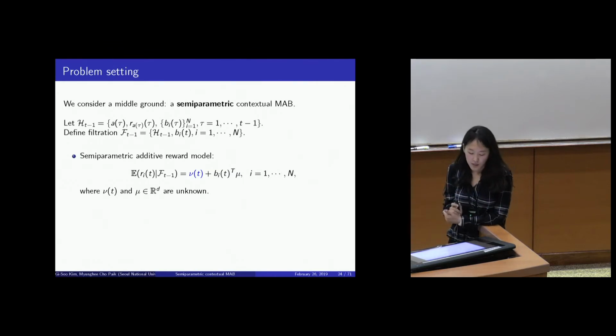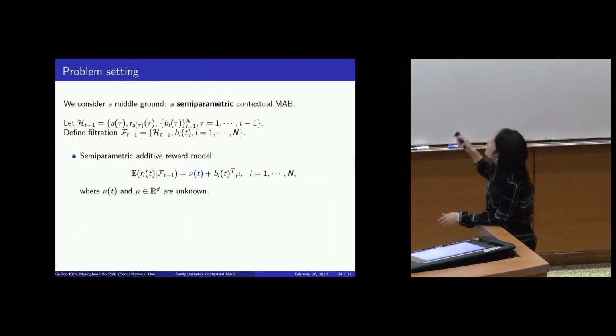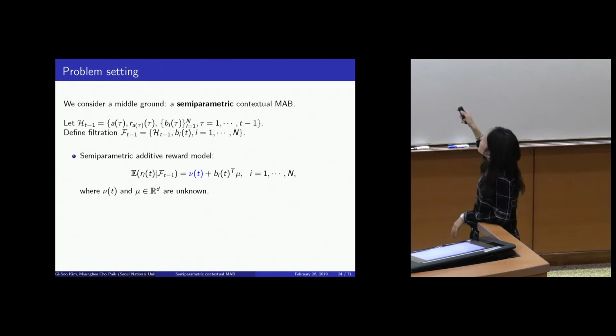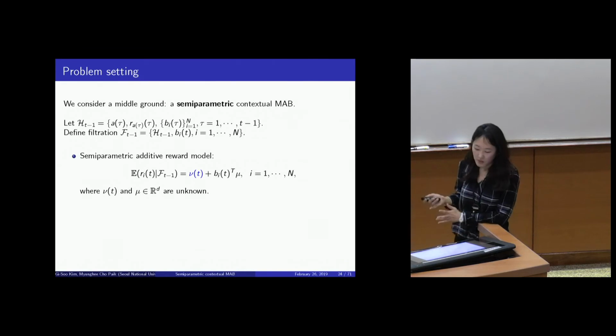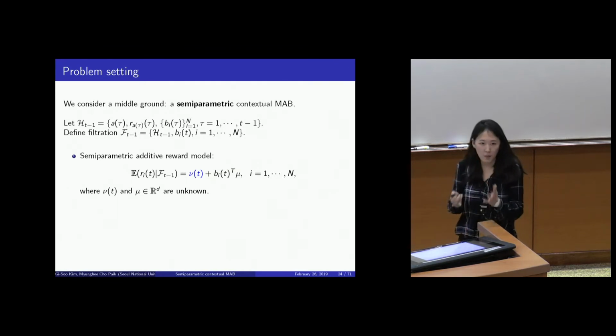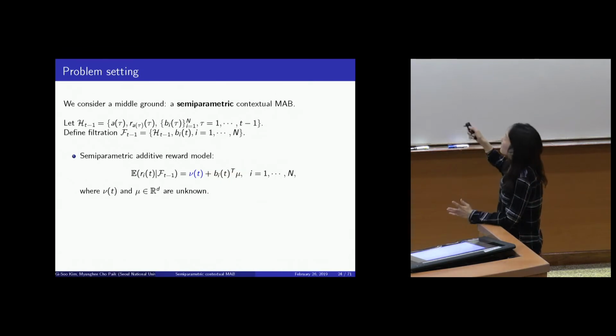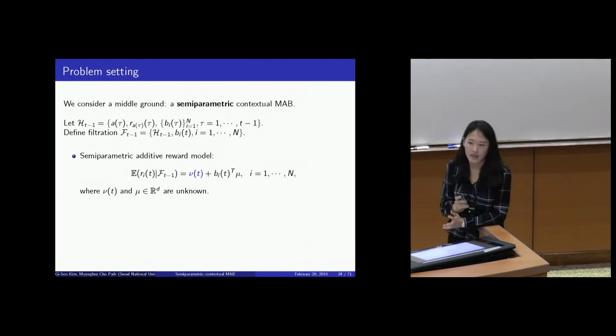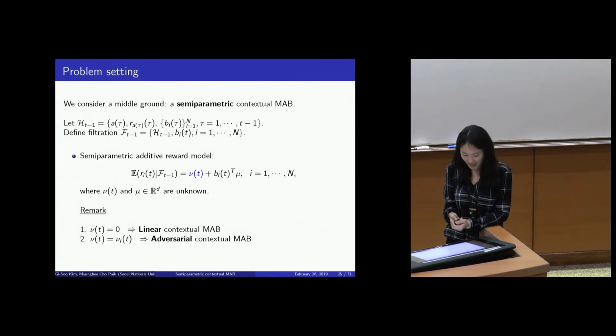Then the semi-parametric reward model assumes that given this filtration, the expectation of reward consists of two components, where the first component is the linear part, which has a time invariant linear relationship with the context, and the other term is a non-parametric term, nu_t, that depends on the time and possibly on the past, but does not depend on the action.